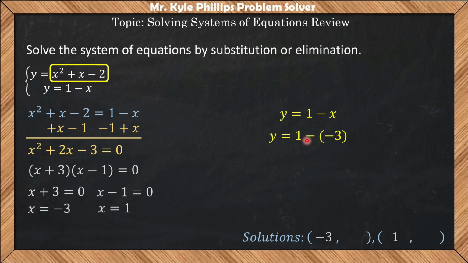So I have y equals 1 minus negative 3, and I'll substitute in my x value of positive 1. So 1 minus 1. So my two y values, when x is negative 3, my y value is 4, and when x is 1, my y value is 0. So my solutions are going to be negative 3, 4, and 1, 0.